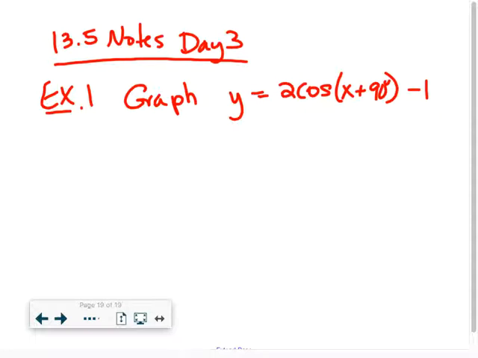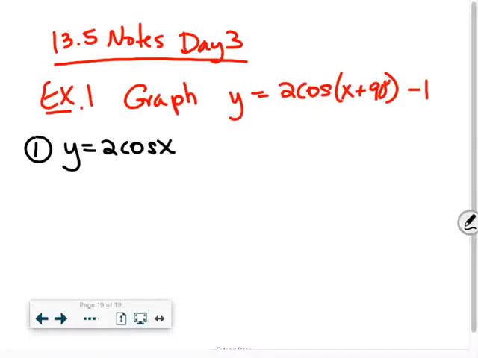Again, we're just going to do 3 of these where we put amplitude, period, phase shift, vertical shift all together. In step 1, you're gonna do y equals 2 cosine x.